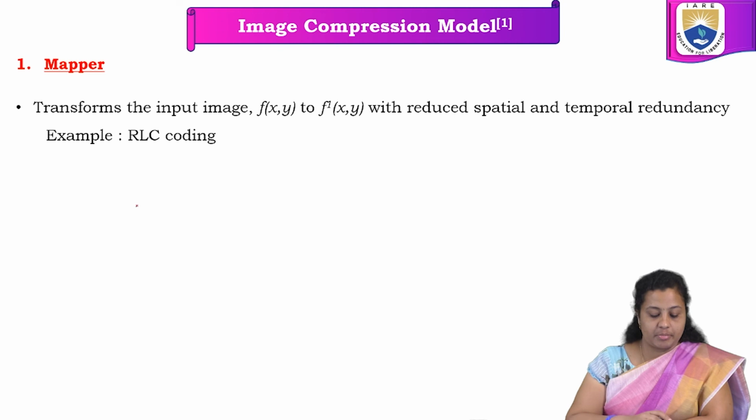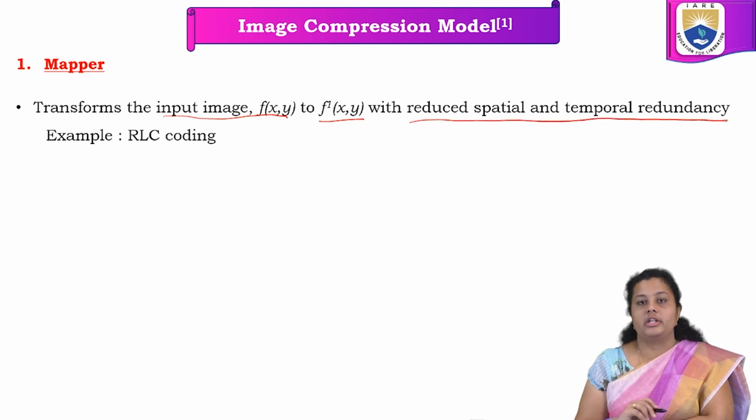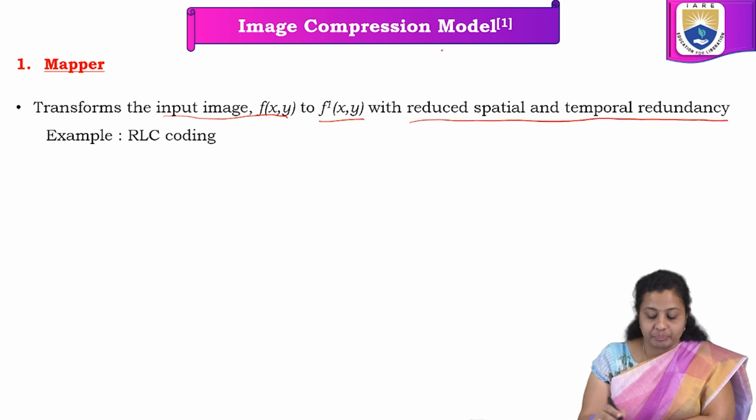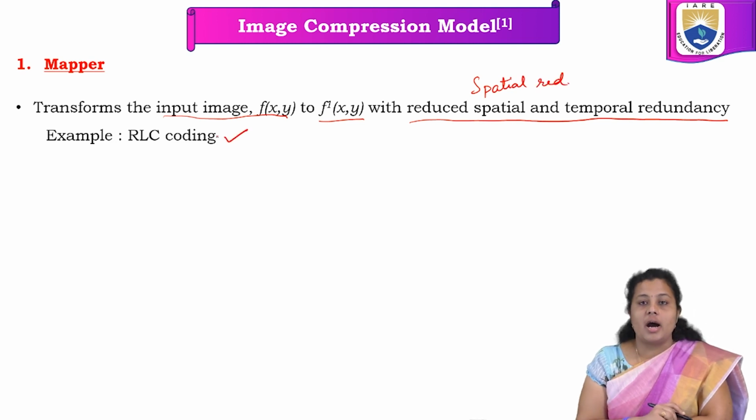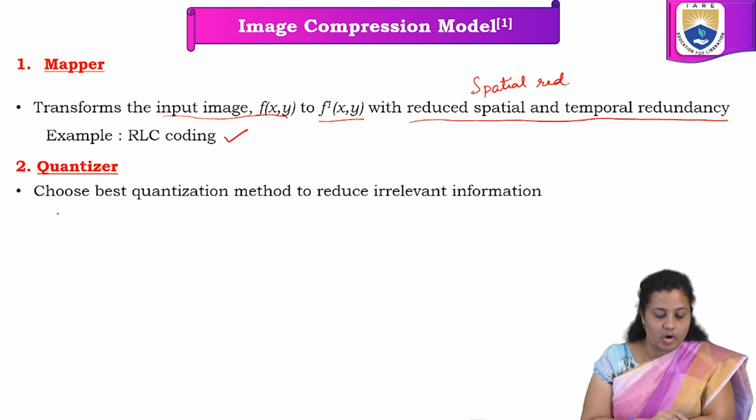The mapper transforms the input image f of x, y to f dash with reduced spatial and temporal redundancy. The first block, the mapper, tries to reduce the spatial redundancy, which can be achieved using RLC coding. The next block is the quantization.